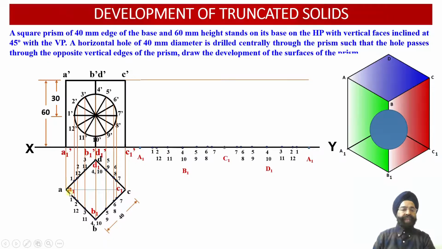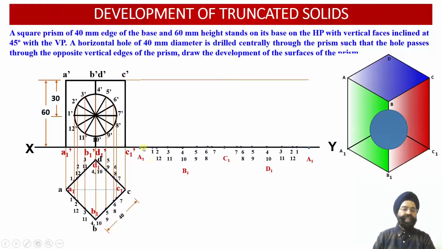Now we are going to measure all these distances of the points of intersection which we have obtained onto the boundary of the square prism as we move along points A to B, B to C, C to D and then D to A. As we move along A to B, we can check point 1 is located at this distance, points 2 and 12 are located at this distance, points 3 and 11 are located at this distance, and points 4 and 10 have coincided with point B over here.